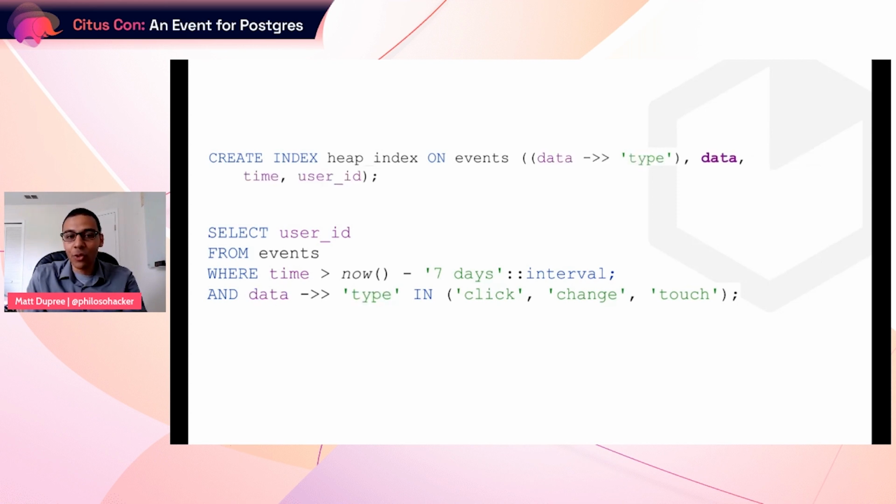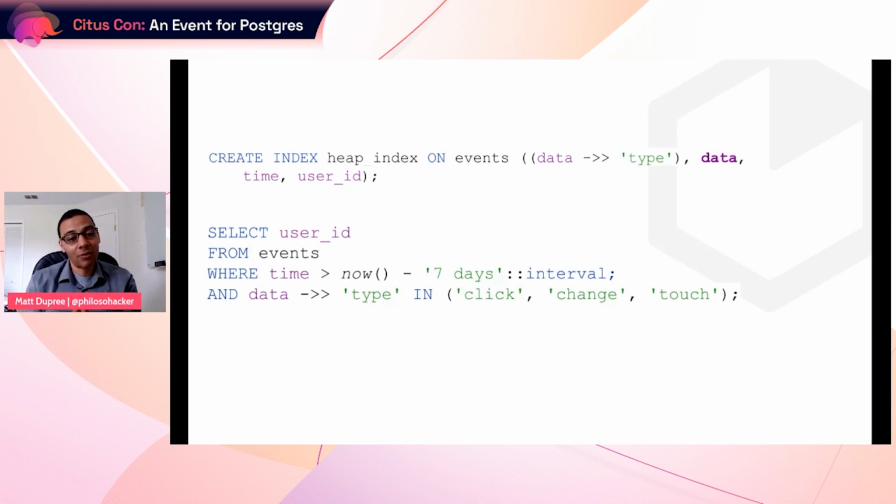And so the recommended workaround is to actually add data into the index here. And you can see that at the top. I've bolded this data column that we're adding. This is kind of the only way that you can get the Postgres planner to realize that it can do an index-only scan. You need to add data type and the data blob itself.